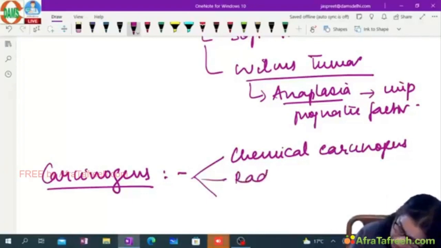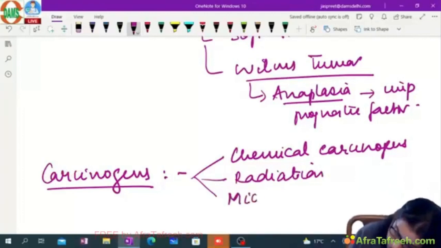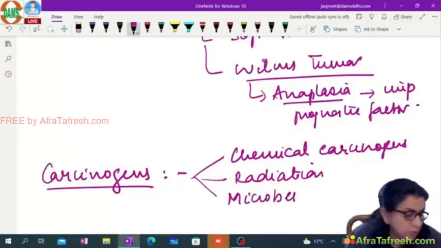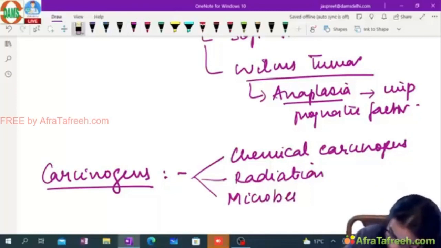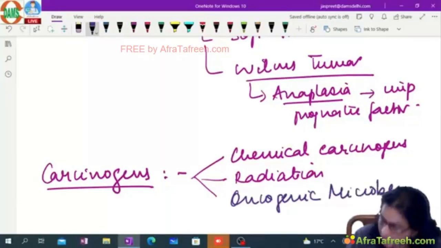Then we have radiation. Radiation can cause cancer. So chemical carcinogens and radiation can cause cancer, and third we have oncogenic microbes, which can cause cancer.